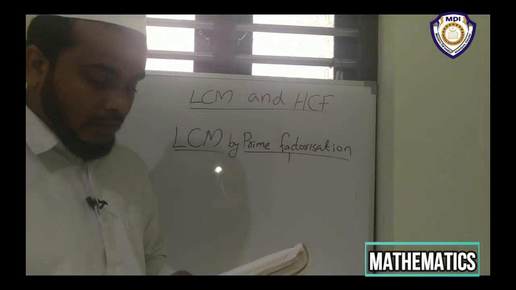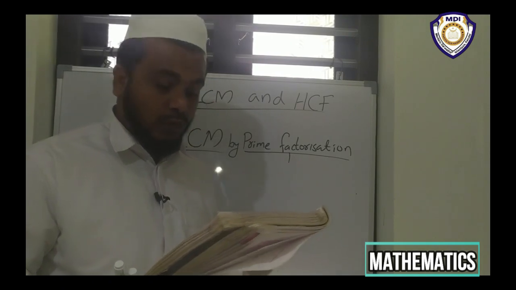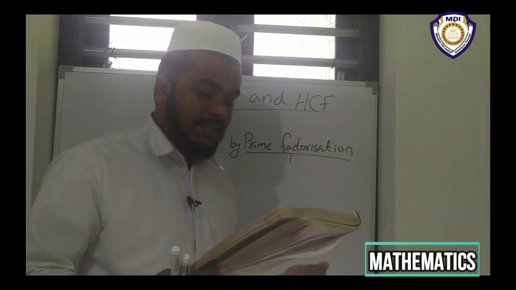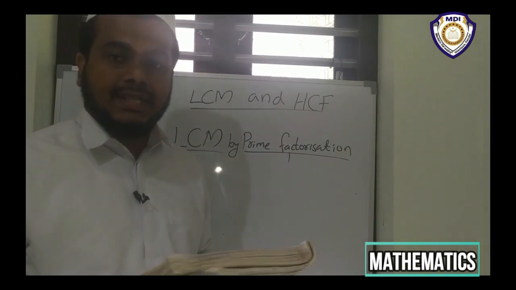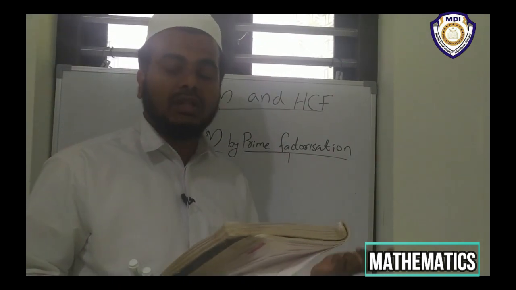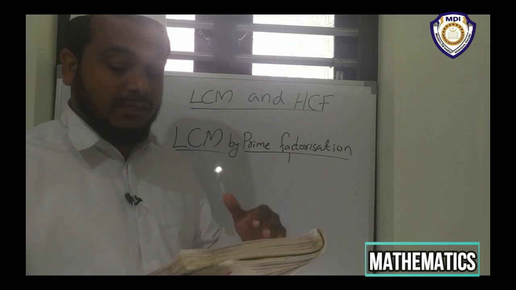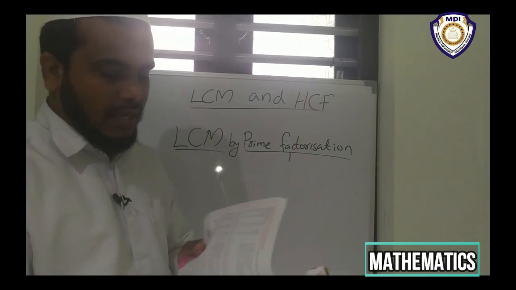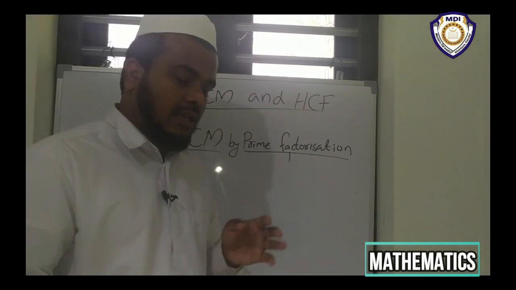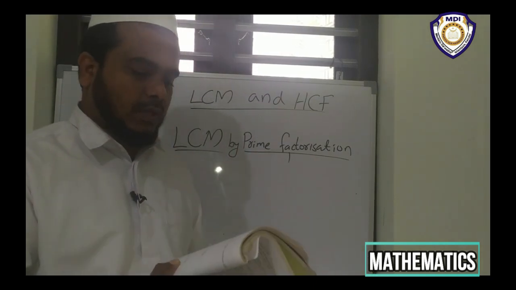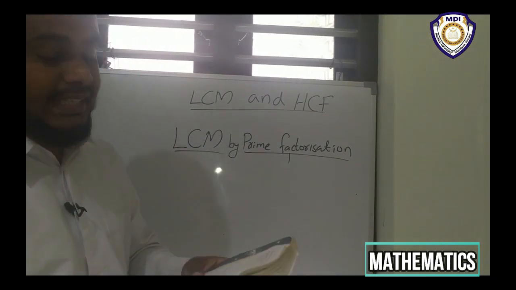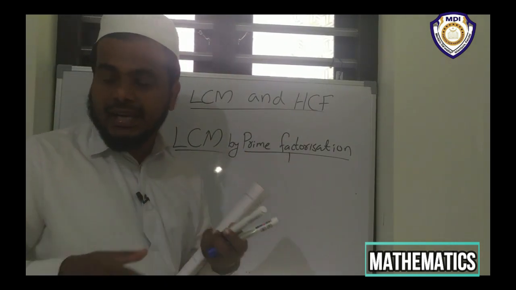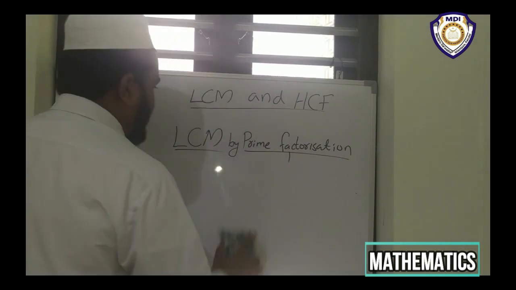Then there is a different example, example 2: find the LCM of 20 and 75 using the prime factorization method. Write it in your notebook and find the answer. Then compare with the correct answer in your textbook. Then page number 46, LCM by division method.